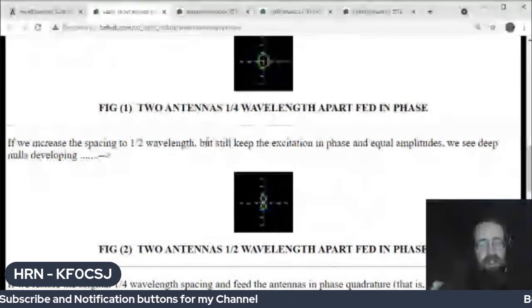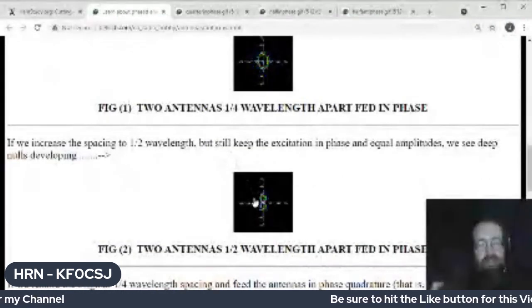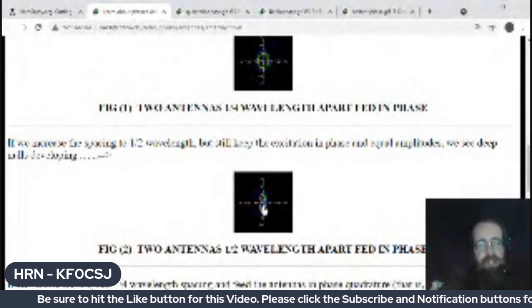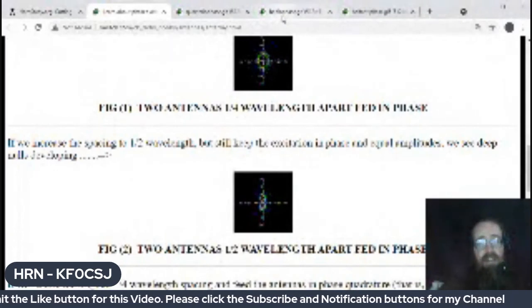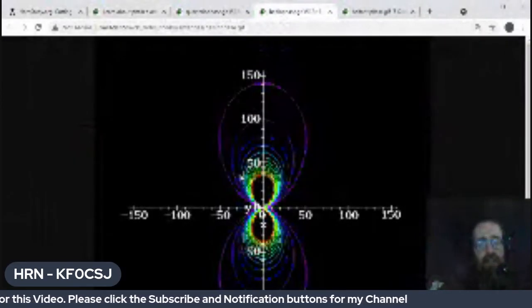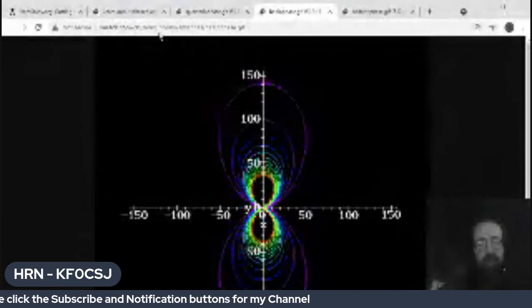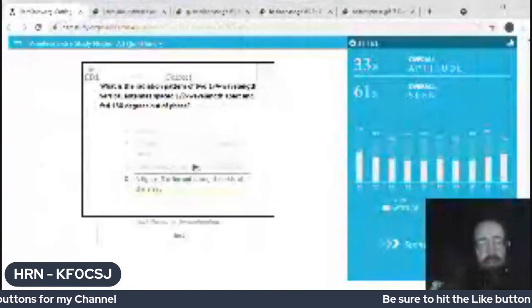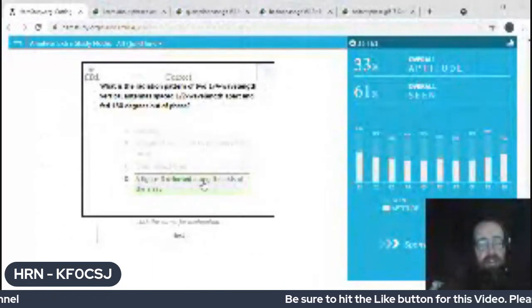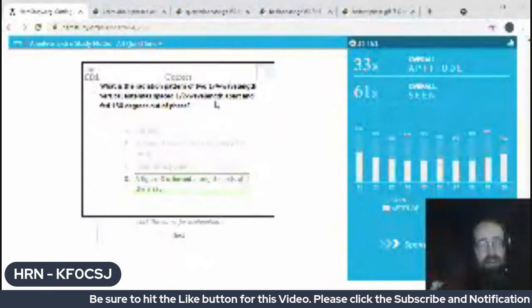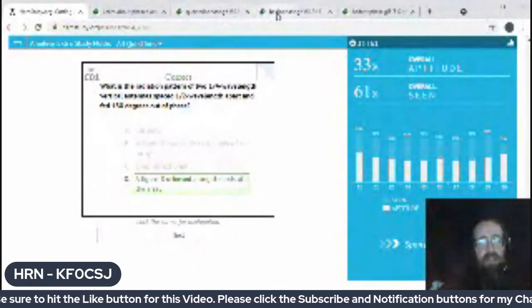If you increase the spacing to half a wavelength apart and they are in phase, then you get a figure eight, broadside to the axis.